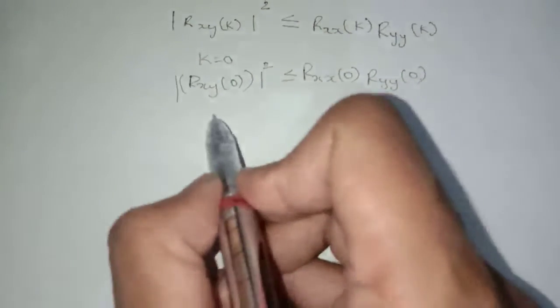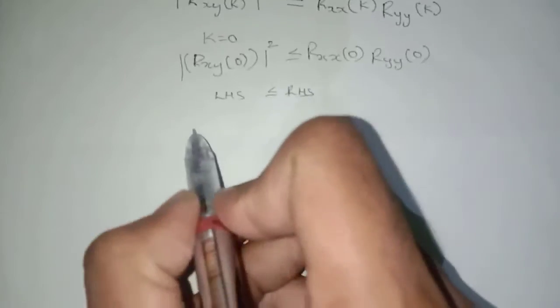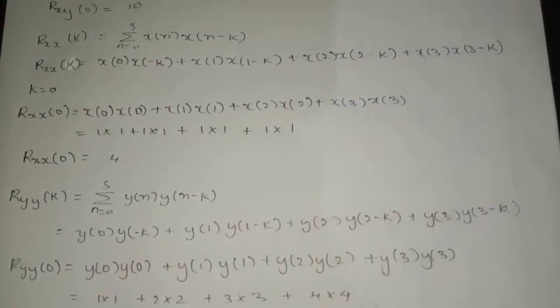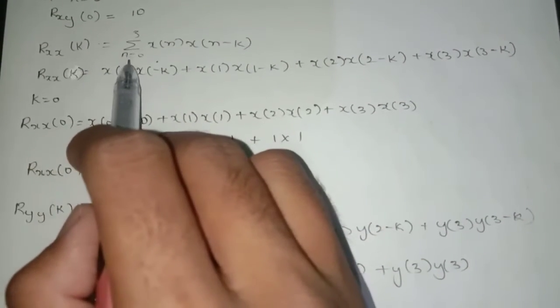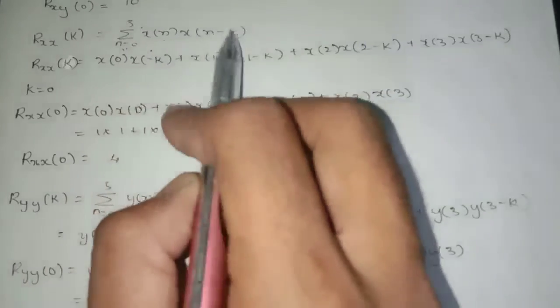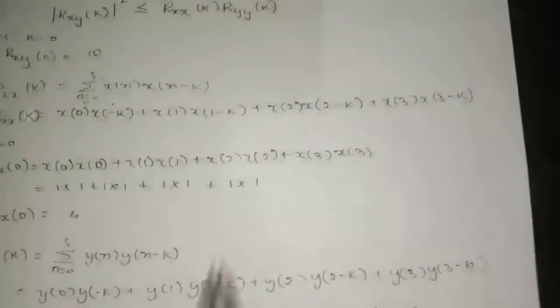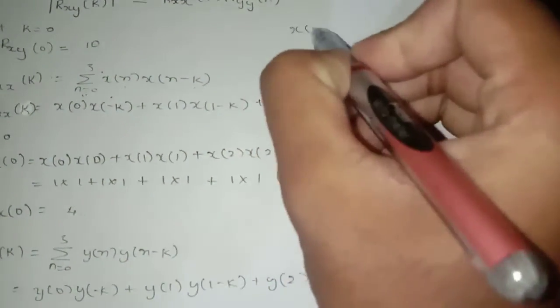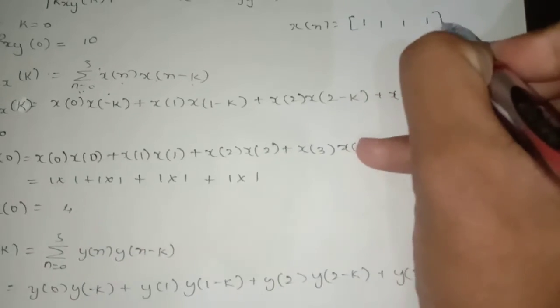So let's prove this, that is, LHS is always less than RHS. So considering the formula for autocorrelation, that is summation ranging from 0 to n minus 1 of x of n into x of n minus k. Here we are doing the autocorrelation for the sequence x of n taken earlier, 1, 1, 1 and 1.